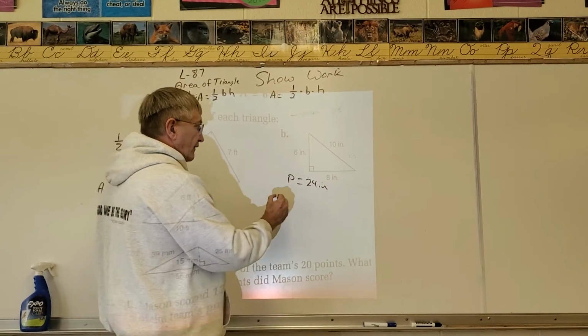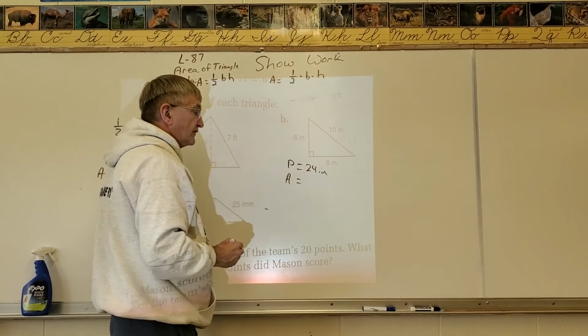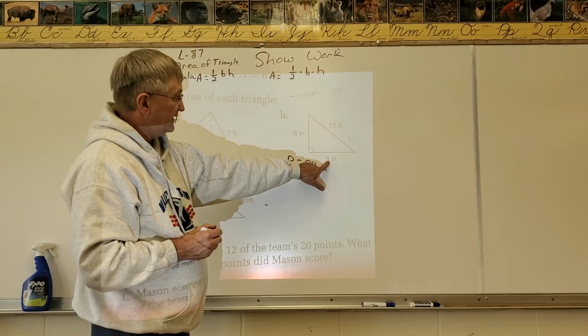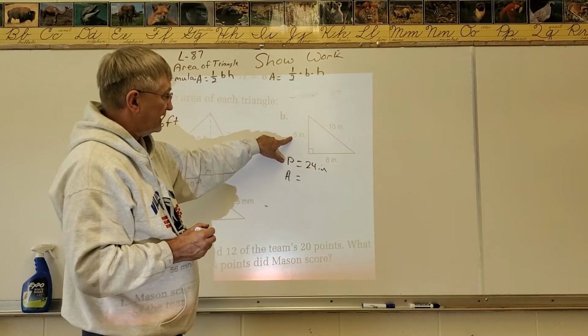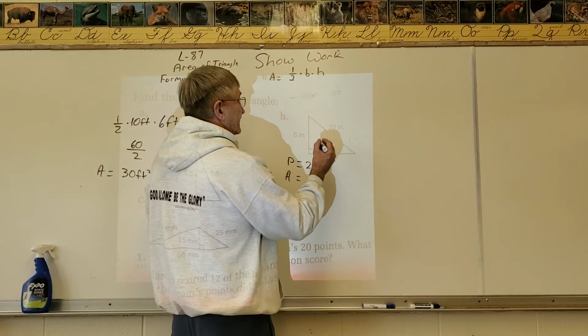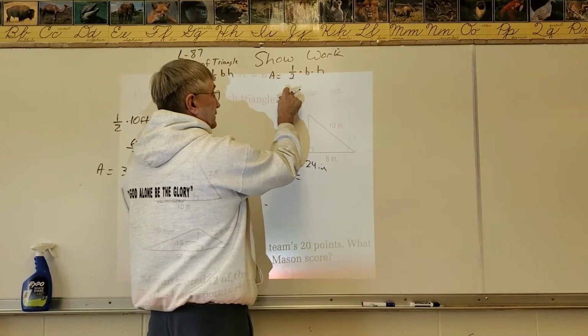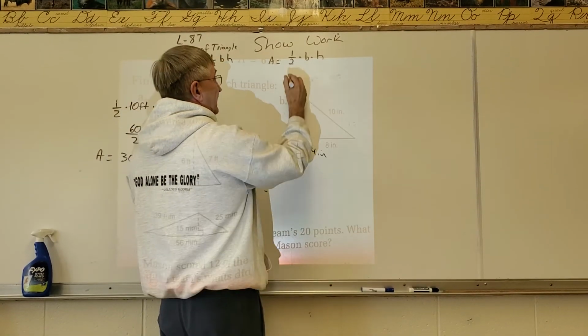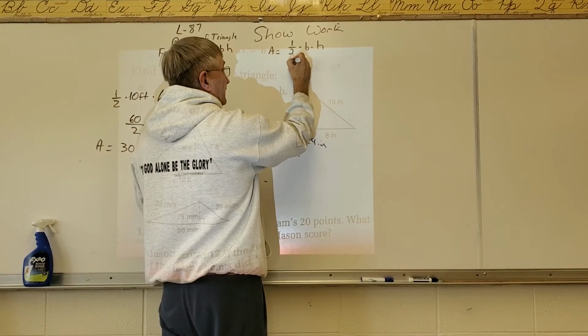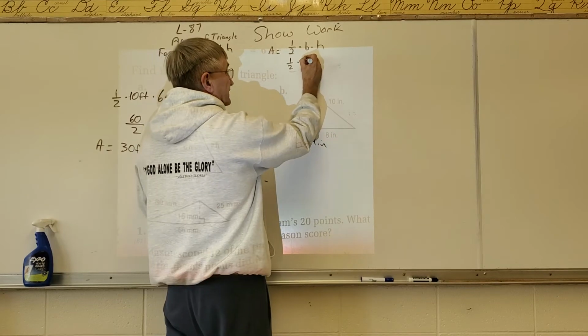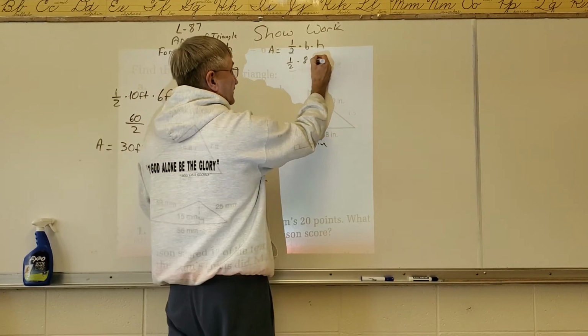Now we got to figure the area, and they're going to be asking you to do this. We have 8 inches for a base and a height of 6. Formula again, I'm going to fill it in with the formula up here. So we have 1/2 times the base, which is 8, times 6.